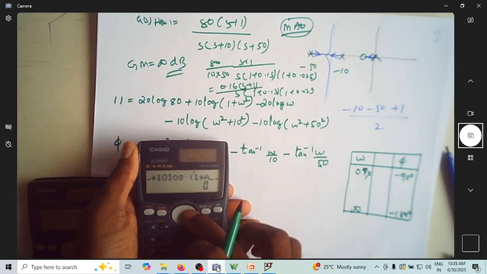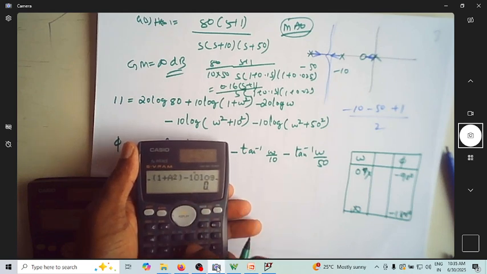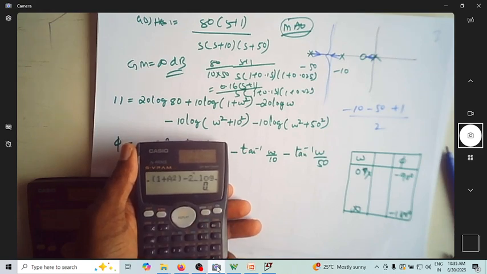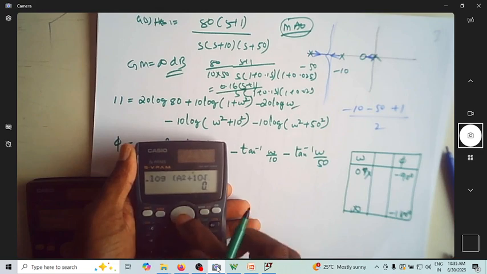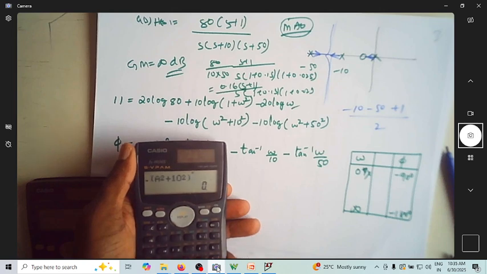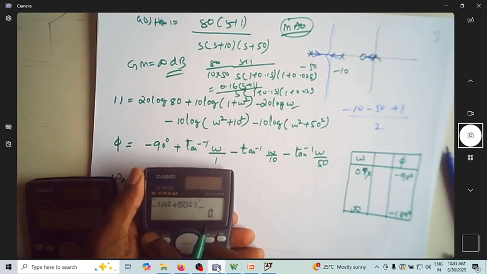So I have to take the minus 20 log alpha a term, then minus 10 log alpha a square plus 10 square, close the parenthesis, minus 10 log, open the parenthesis, alpha a square plus 50 square, close, shift calc.